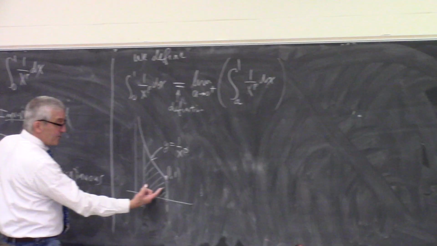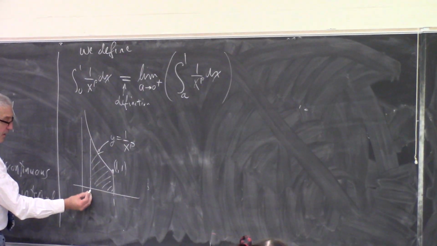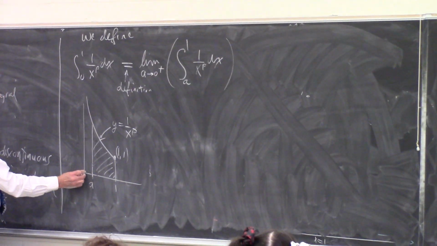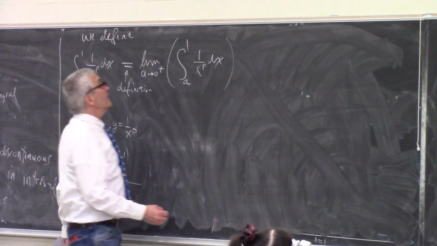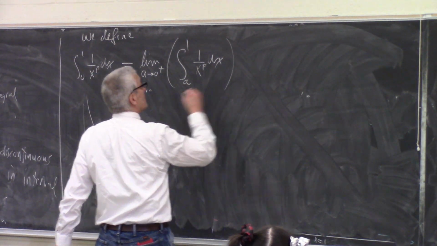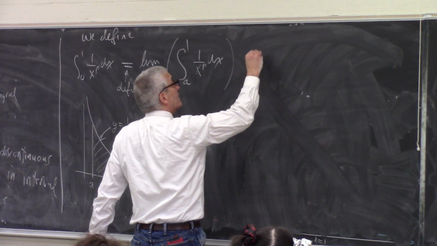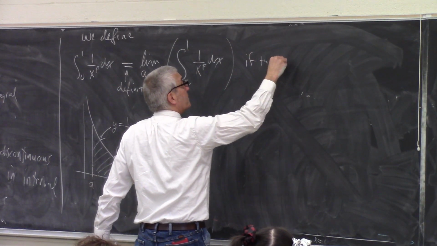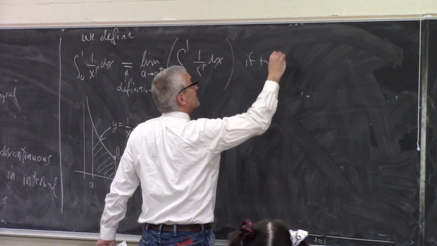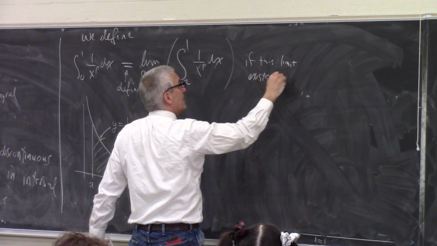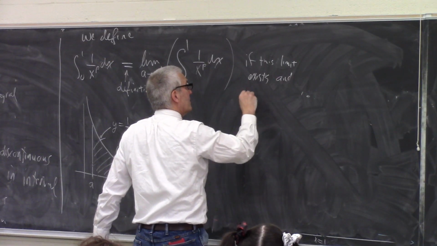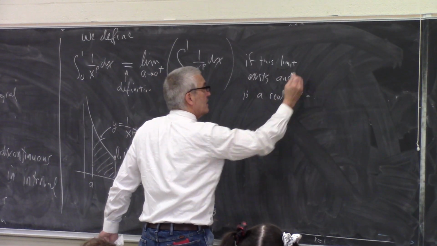And we see what happens to that area if I pull this a value closer and closer to 0. So this integral, we say, is equal to this if this limit exists and is a real number.